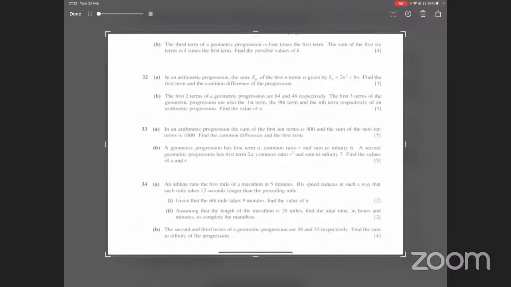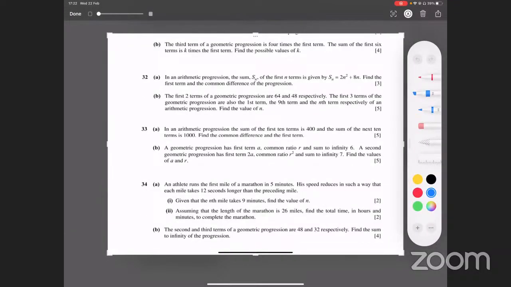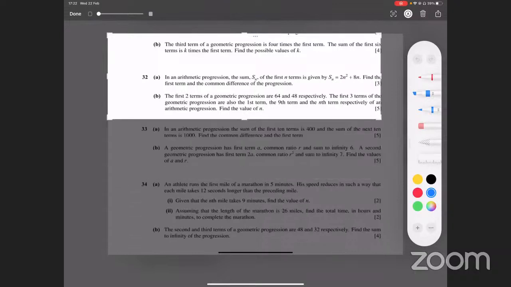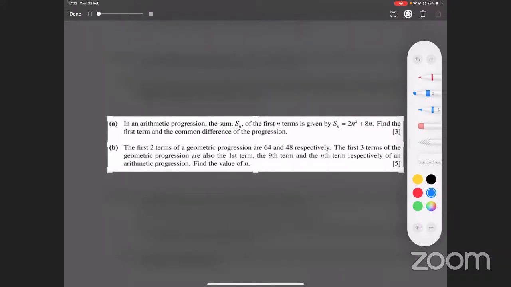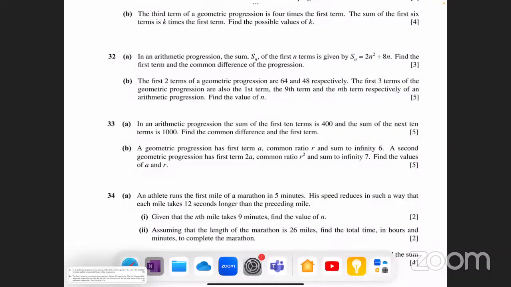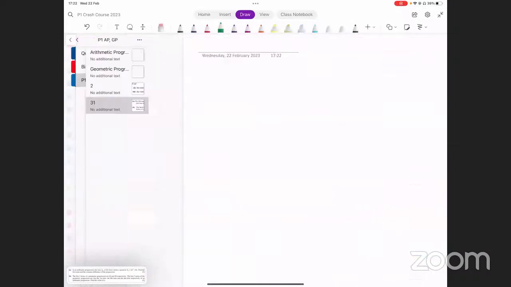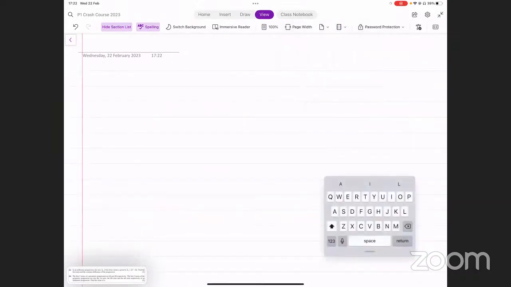This is question number 32 from the worksheet. Now, this has an important concept that you need to know about. Question number 32.